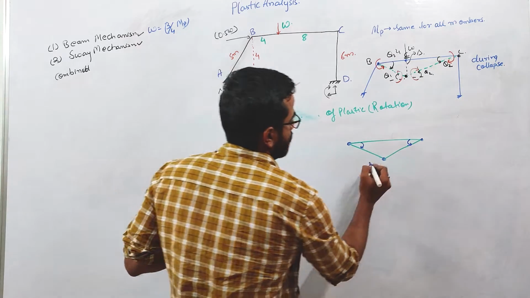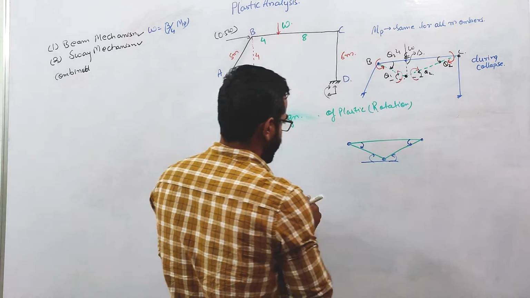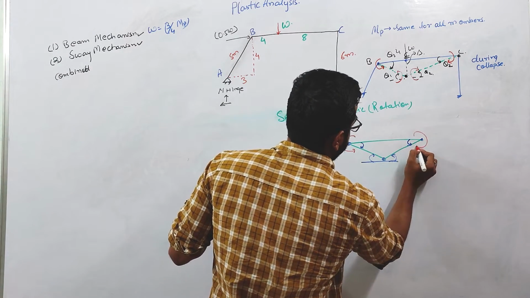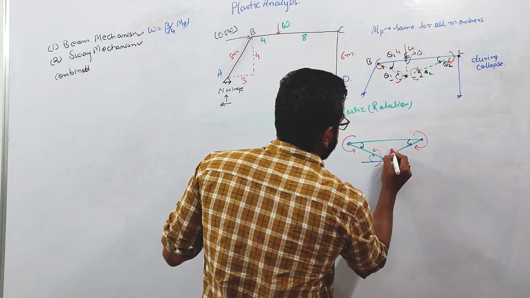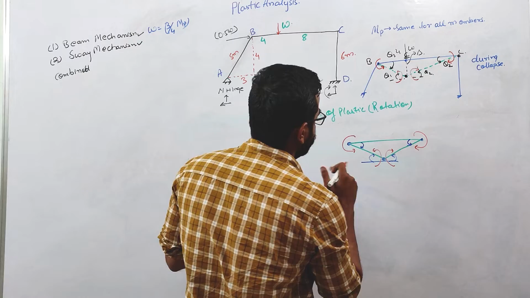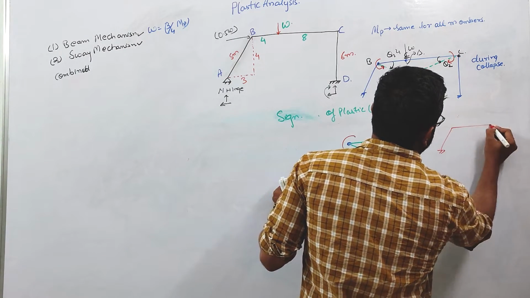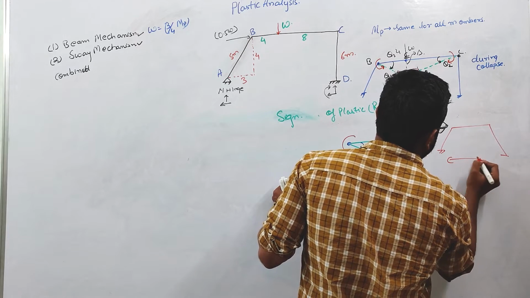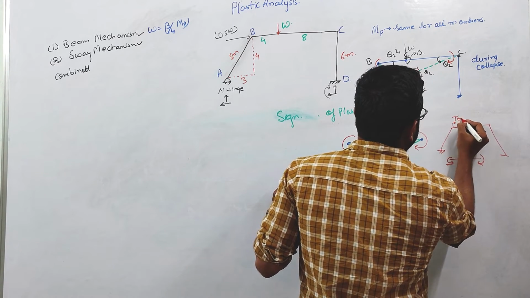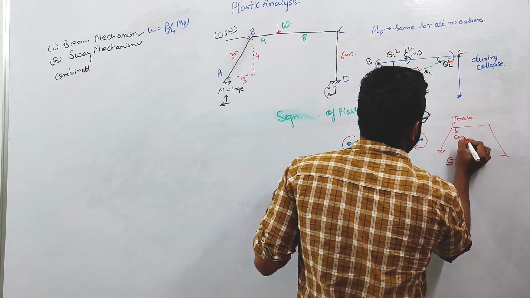And the direction of movement will be opposite to this rotation. So this plastic moment is producing what? Tension outside. If this is the frame, due to this plastic moment, the outermost side will be in tension, and the bottom, inner side will be in compression.